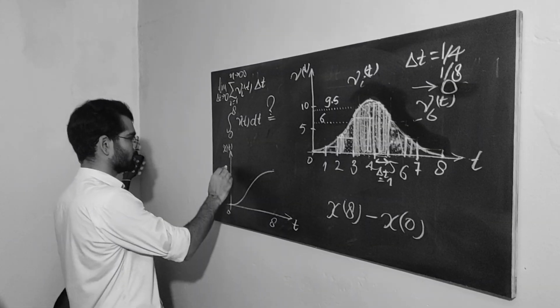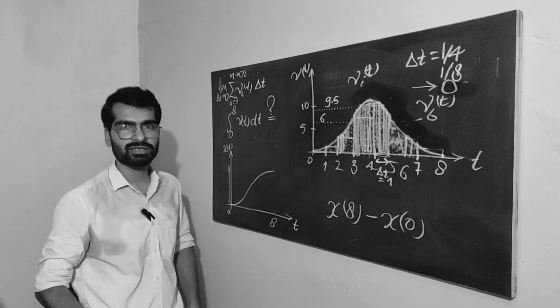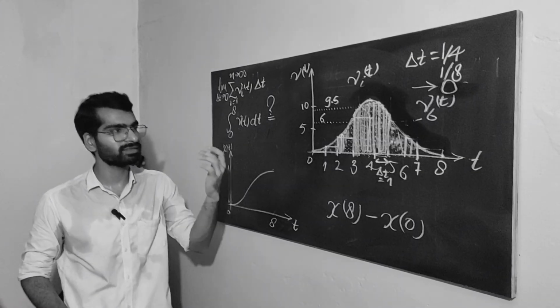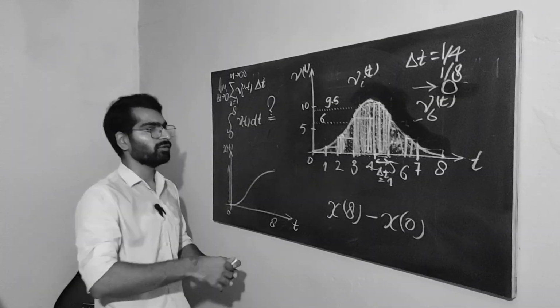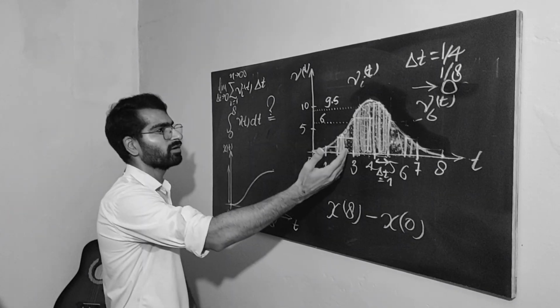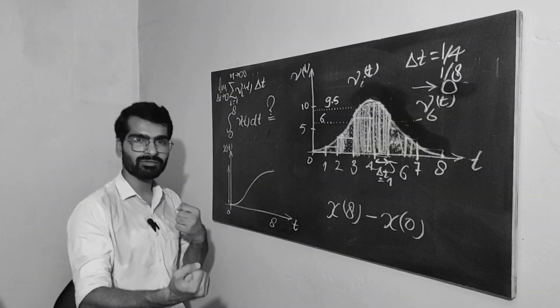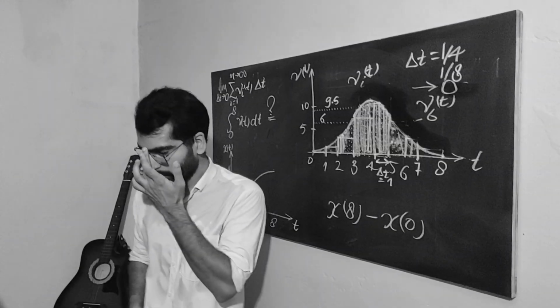Then this difference, this height, gives you the distance traveled. Simple idea, because they are connected. We had to find this area, somehow we were getting an infinite sum, and then we used calculus to simplify that. It becomes so simple, right?